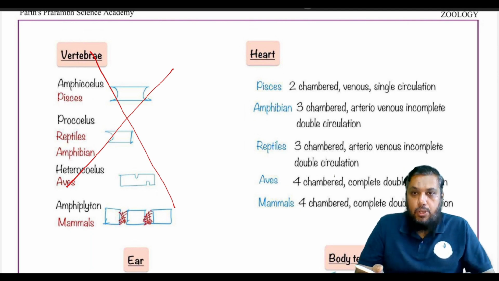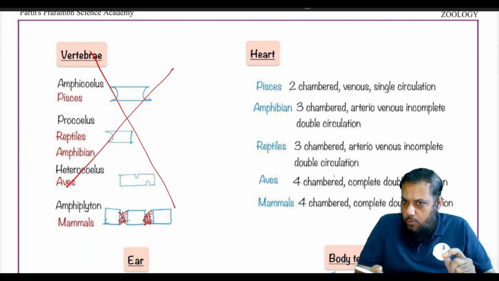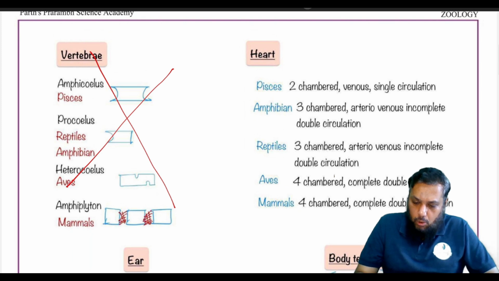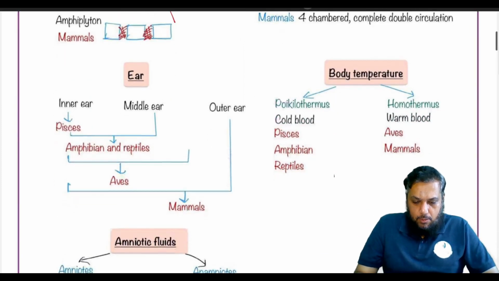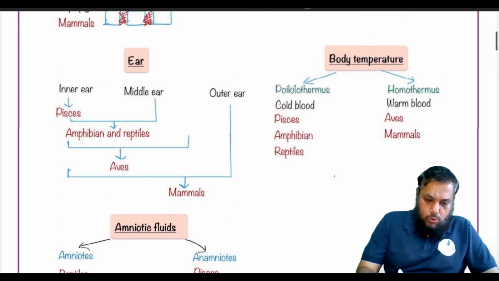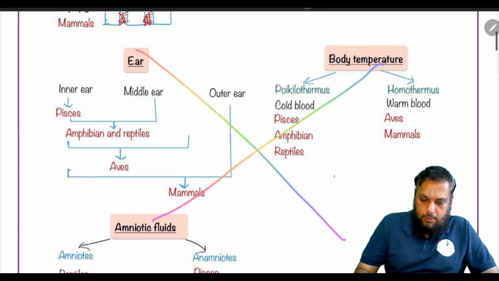Superclass Pisces will have two classes, Osteichthyes and Chondrichthyes. So now we will do superclass Pisces, under which the classes are Osteichthyes and Chondrichthyes. So these things are not needed right now here.